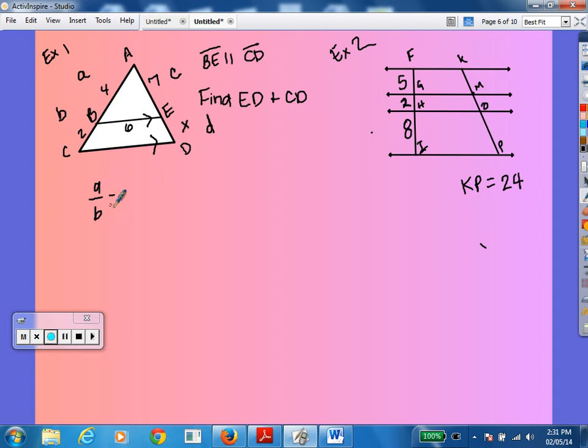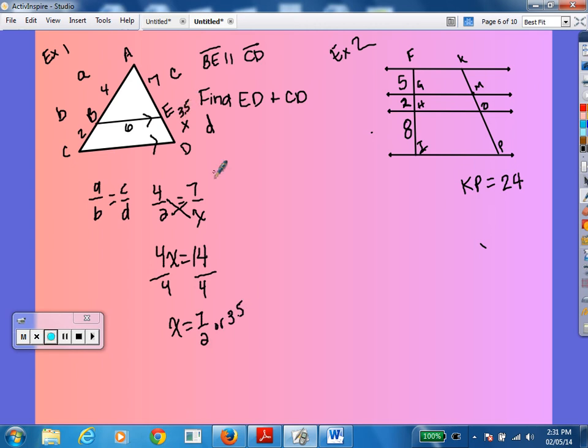A over B equals C over D. And we're just going to replace it with 4 over 2 equals 7 over x. You could simplify this if you want to 2 over 1, but I don't think it matters that much. 4x equals 14, divide by 4. X equals 7 halves, or 3.5. So that would tell you that that's 3.5.